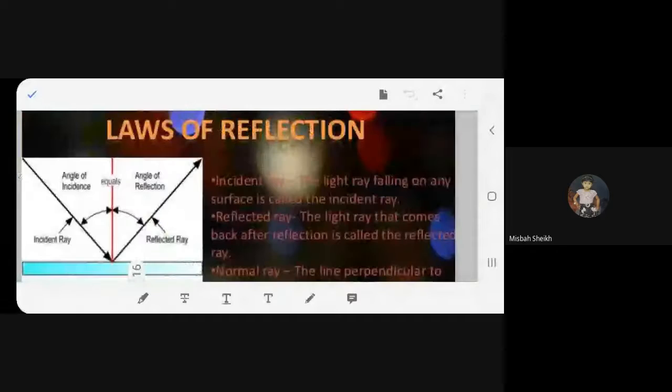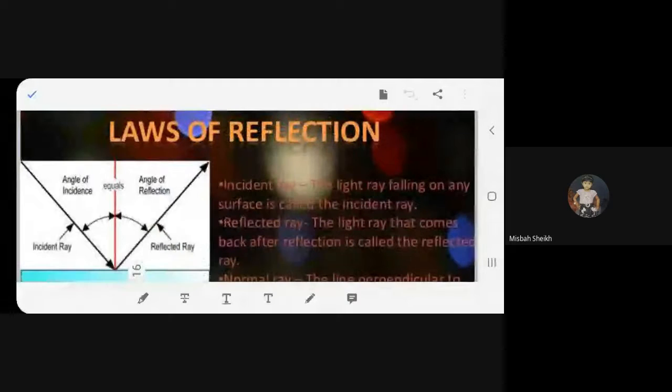We read again the laws of reflection. Incident ray: the light ray falling on any surface is called the incident ray. Reflected ray: the light ray that comes back after reflection is called the reflected ray.